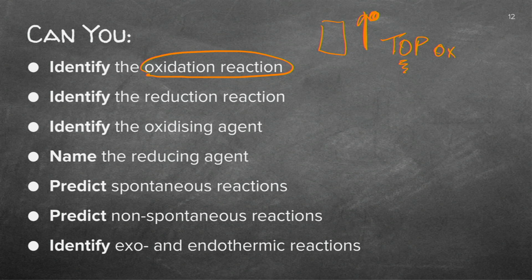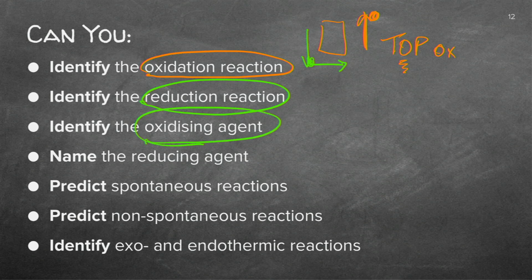Now, that's my last resource to try and make you remember oxidation. On the other hand, you should be able to identify the reduction. That will be at the bottom here, and that will go that way. This is the oxidizing agent here at the bottom. The reducing agent that causes the oxidation will be there at the top.